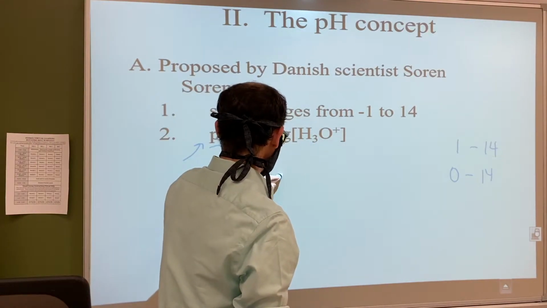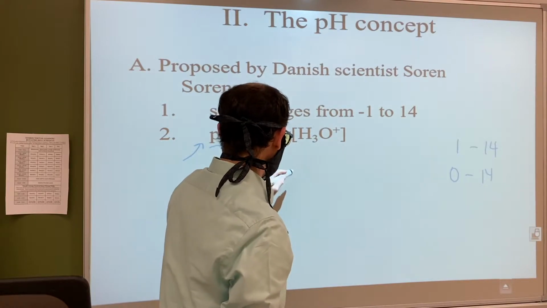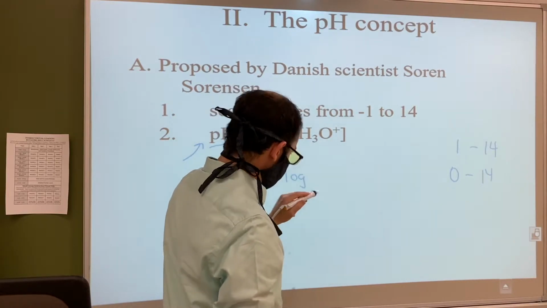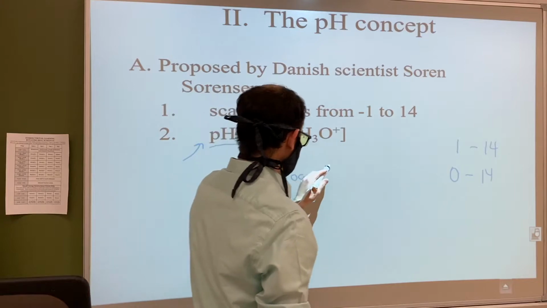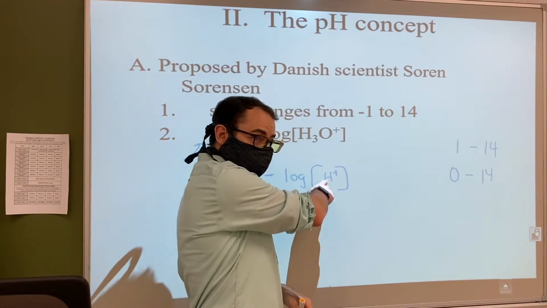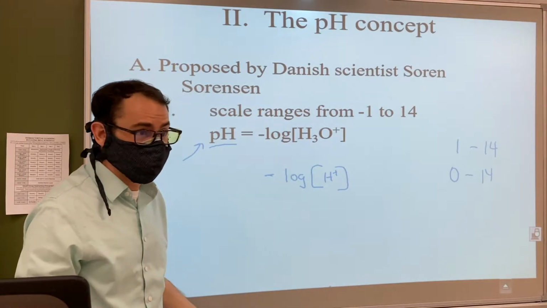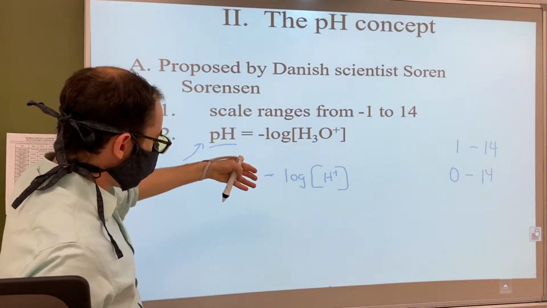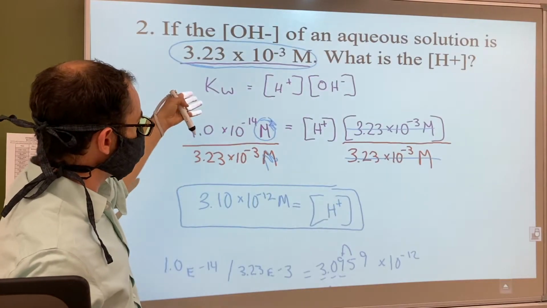So what you would actually type in the calculator would be something like negative log. So you hit the negative button, you hit the log button. And then what goes in here is your H plus concentration. Now you have to be given this, right, if it's a problem. So if you're like, oh, okay, well, we were just dealing with this here.